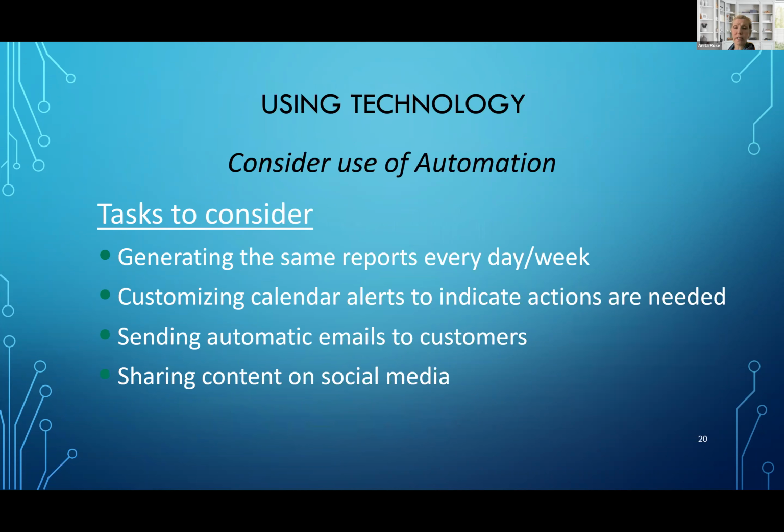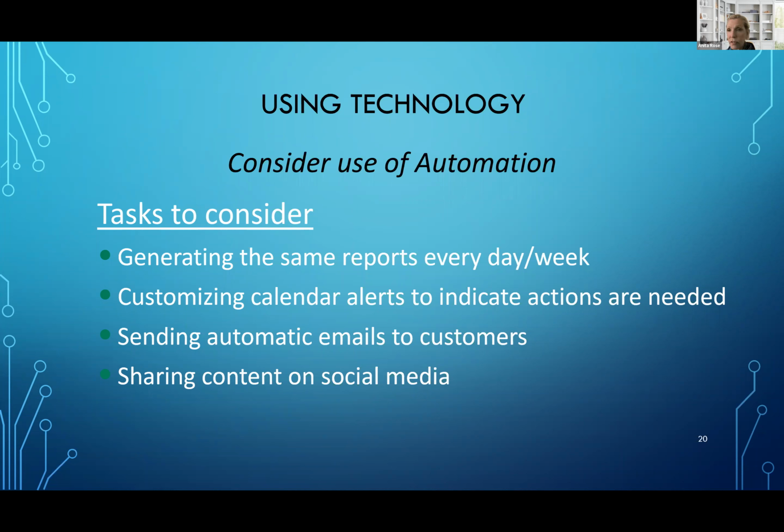Another consideration is automation. So we want to try to automate as much as we can to save time, really, and to have good data and move us forward. Now, one thing we can consider, and even with a sales business or service business, we can generate reports on a consistent basis, maybe the same day or same week, and we can compare that data over time.